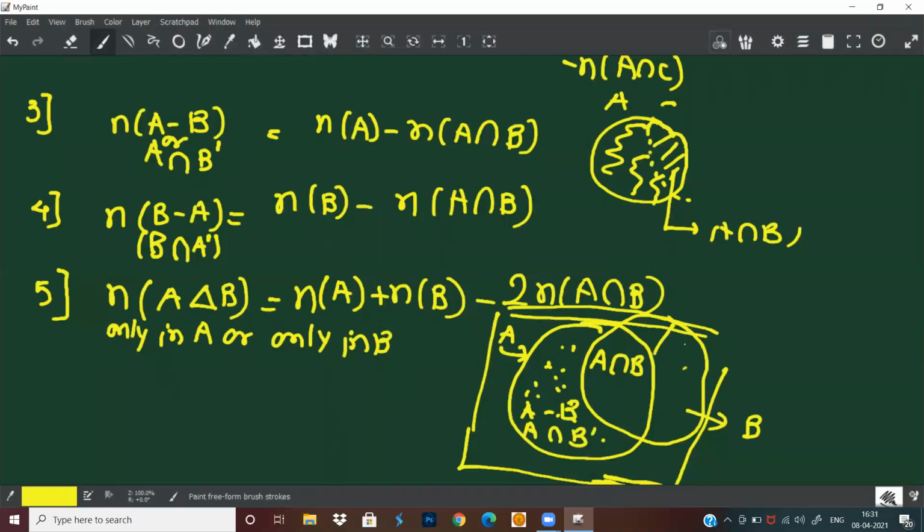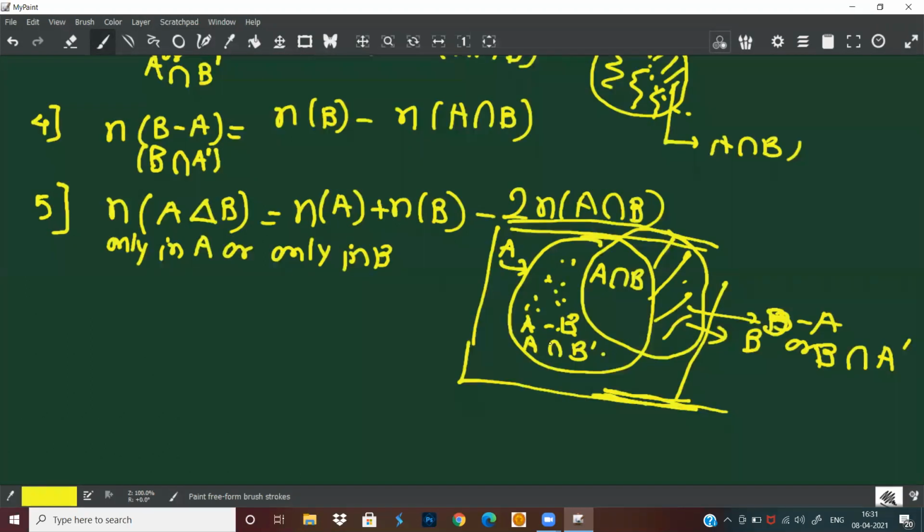Similarly, this part of B is not in A, or it is written as B intersection A dash. Correct? So ये है only in A or only in B.